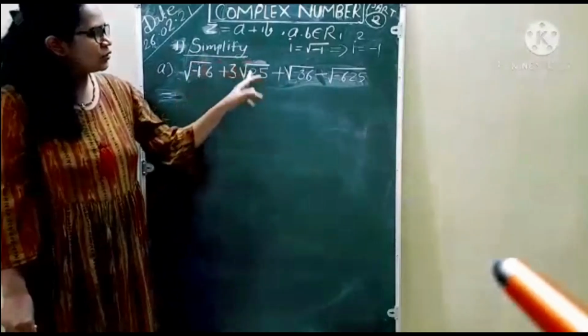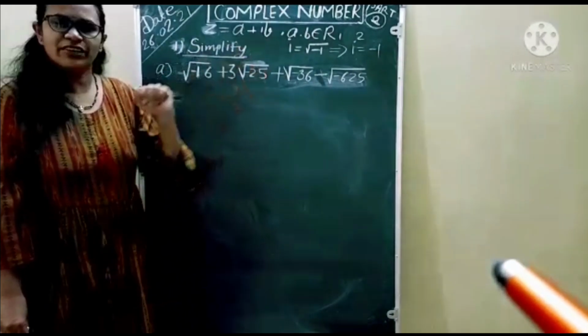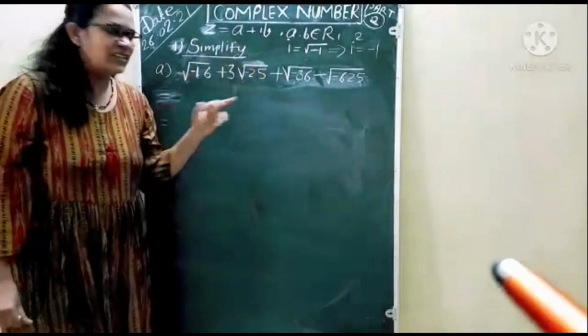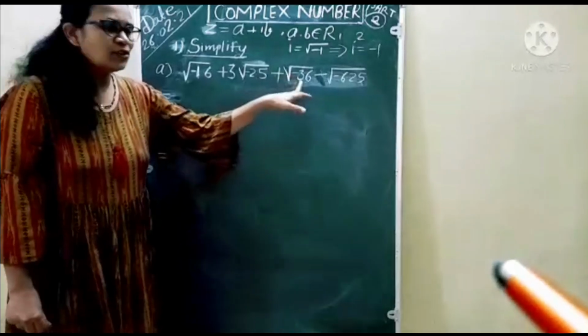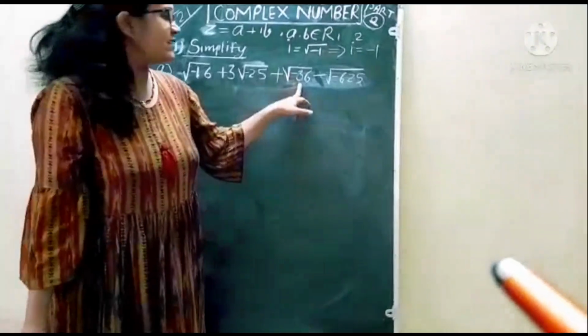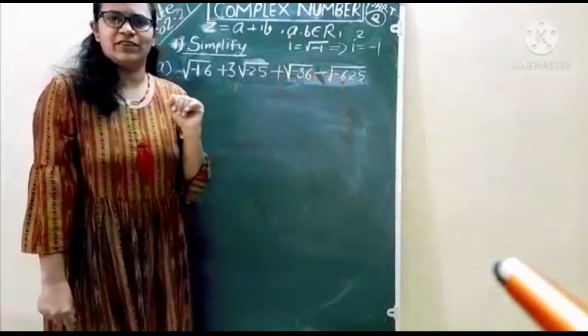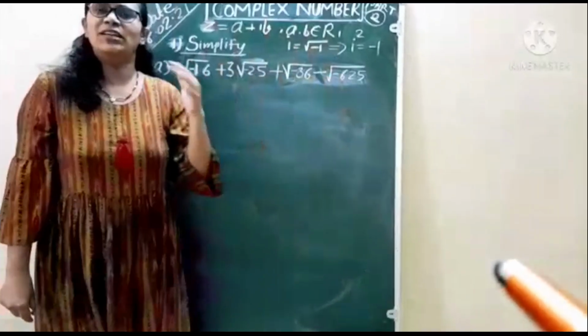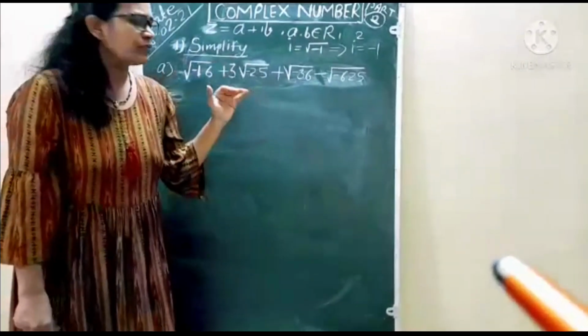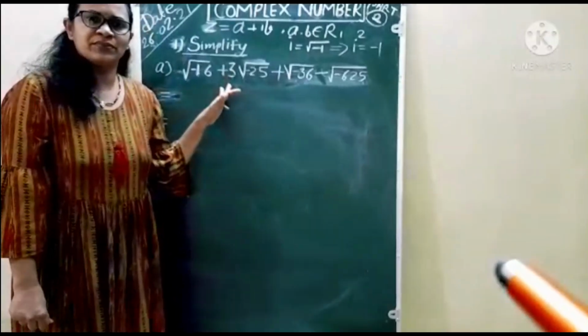Root of 25 is 5. The root of 36 is 6. And the root of 625 is 25. You already studied this in your previous classes.